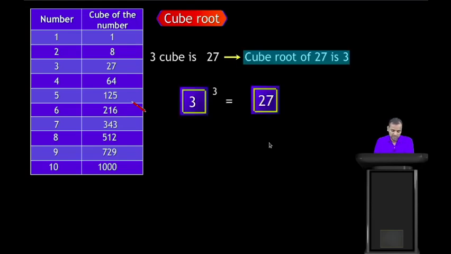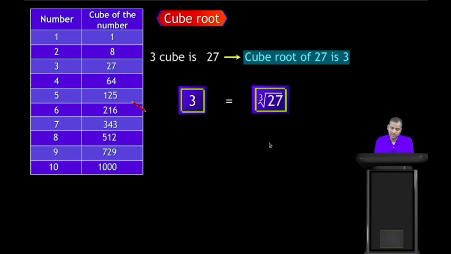We can write this using power notation to show the cube and cube root. If 3 cube equals 27, then this symbol denotes the cube root of 27. I think you remember the square root.